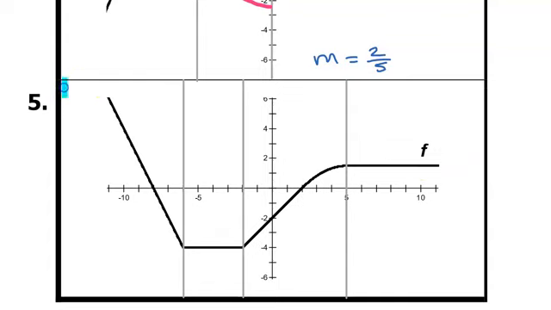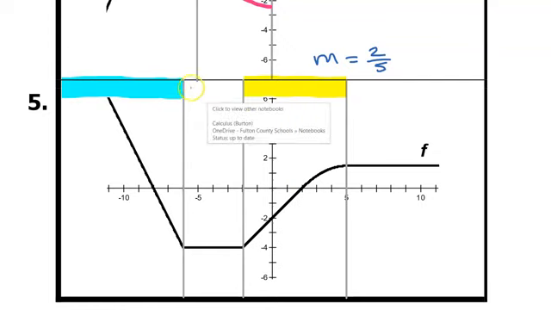So again, function f is decreasing from here to here. It is increasing from here to here. And it is neither increasing nor decreasing in the other two intervals, which means that the slope is 0 in these intervals.